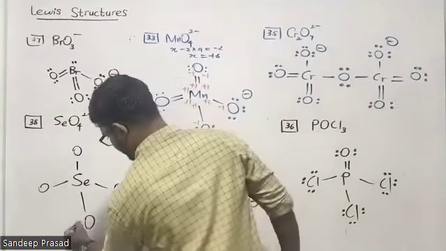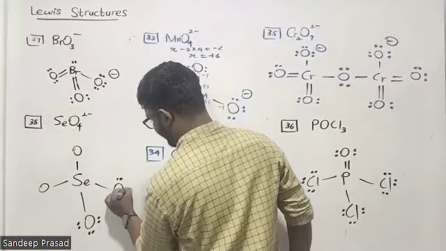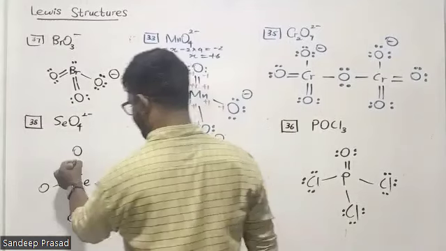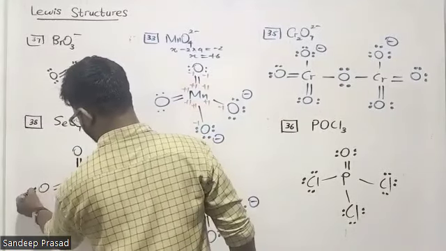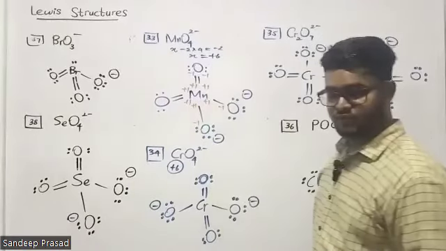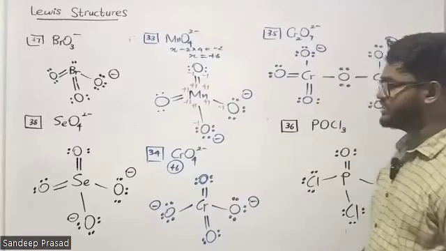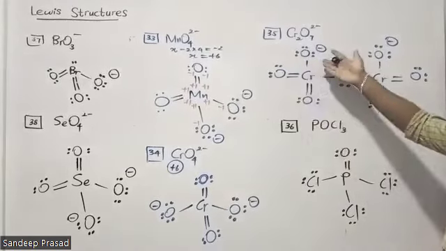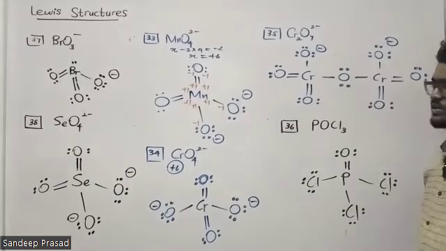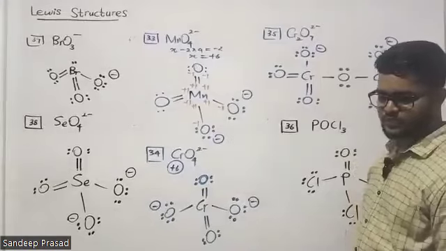Then students, we can make 2 oxygen atoms with 2 negative charges by making single bonds, and the other oxygen atoms can be connected through double bonds. You can understand here how much is contributed by oxygen for the Lewis structures: permanganate, dichromate, chromate, POCl3. I think most of the Lewis structures contain oxygen, right? That's why I gave you a separate rule for oxygen as well.